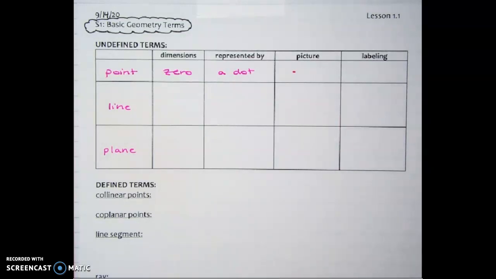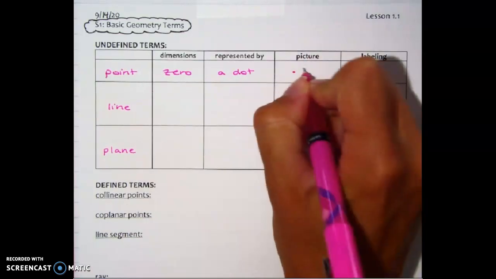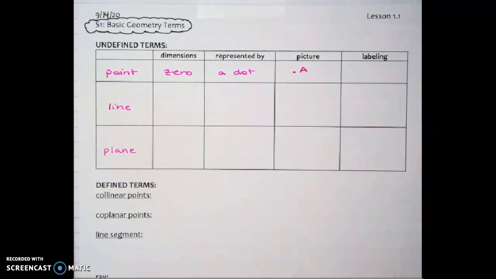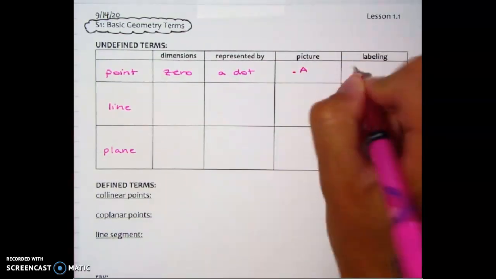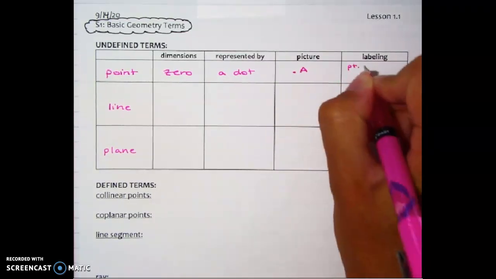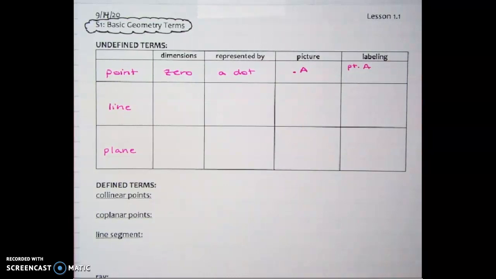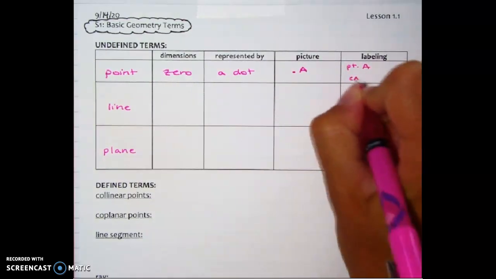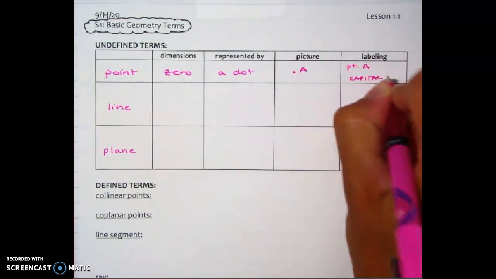Okay, and then the way that we will label points is always, always, always with a capital letter. Okay, so I'm going to say that's A, and then in the labeling, here's how we'll write it. We'll write point, abbreviated PT, and A. Okay, and I'm going to point out that that's a capital letter.